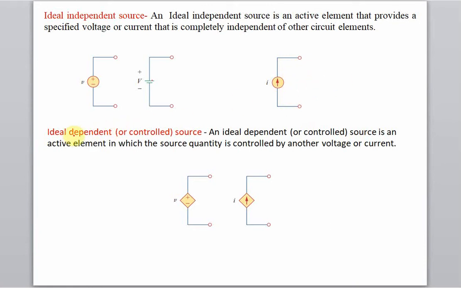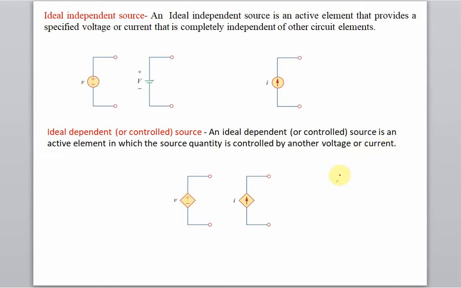The second is the ideal dependent or controlled source. An ideal dependent or controlled source is an active element in which the source quantity is controlled by another voltage or current.